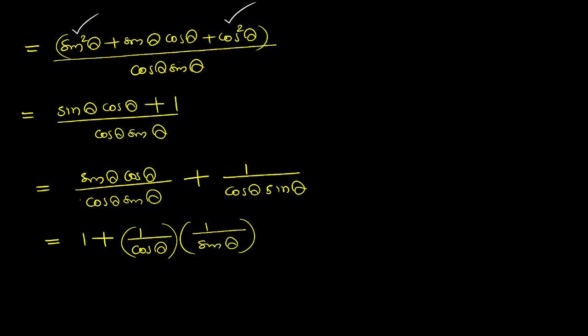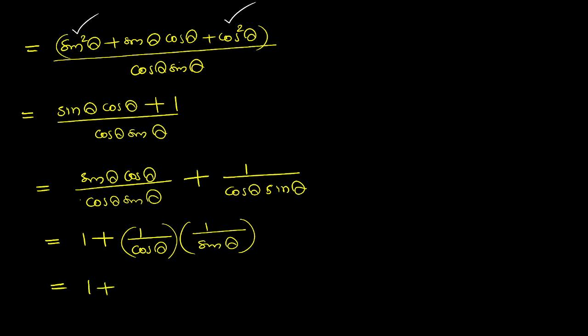Is there any problem if I write like this? No mistake at all. 1 into 1, 1 itself. Denominator cos into sin, correct, no mistake. Clear? Avin, Sara, Amira, clear?